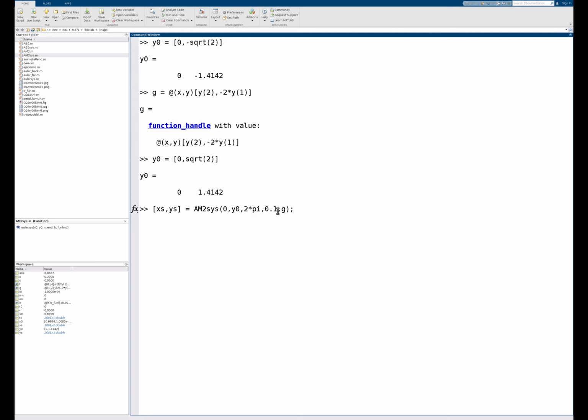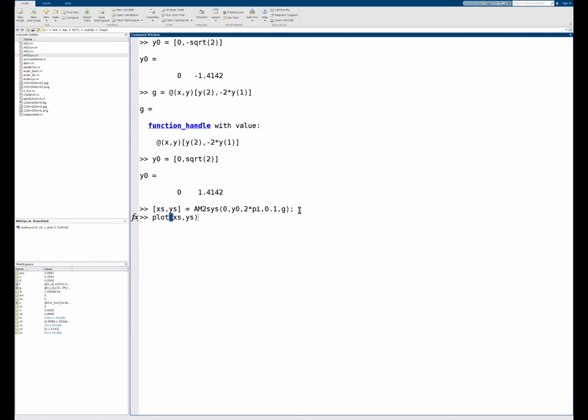I'm going over a length from x equals 0 to x equals 2 pi. There's another clue as to what the solution to the function is. And we'll use h as 0.1, and we'll use g defining our differential equation, right? That y prime equals g of x, y. Okay, let's try that.